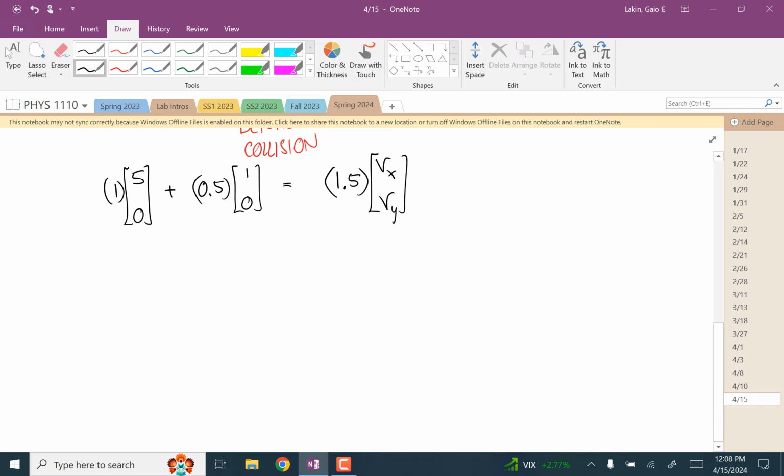And now we just have two equations for two variables and we can solve it. We have 5 plus 0.5 is equal to 1.5 Vx. So 5.5 is equal to 1.5 Vx. And so Vx is equal to 3.6 repeating.